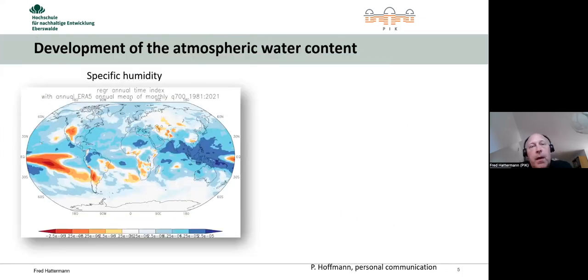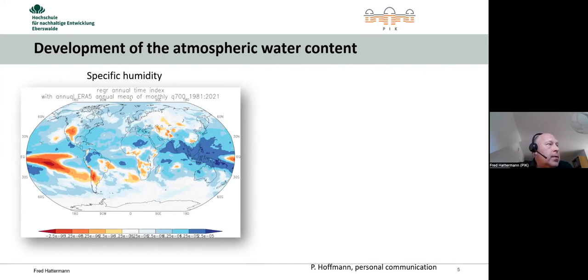And you may ask, where is the water? If there's an increase in evapotranspiration and not so much in precipitation, where's the water? And it is mostly in the atmosphere. So there's a specific humidity. This is the water in a cubic meter of atmosphere over land surface.